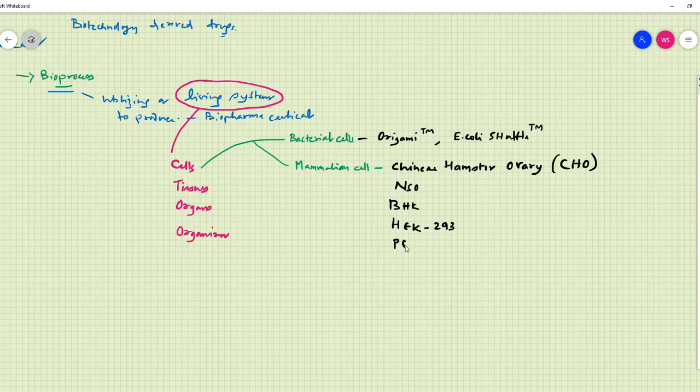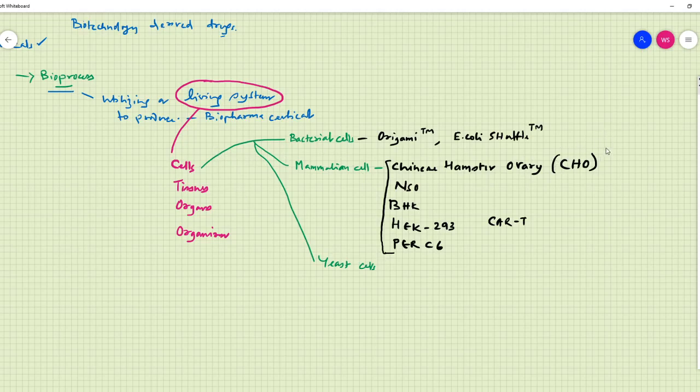Then there is C6. So these are mammalian cells. Okay. Then there can be yeast cells. We can give another example, maybe the CAR T cell. T cells, okay. So they can be cells.